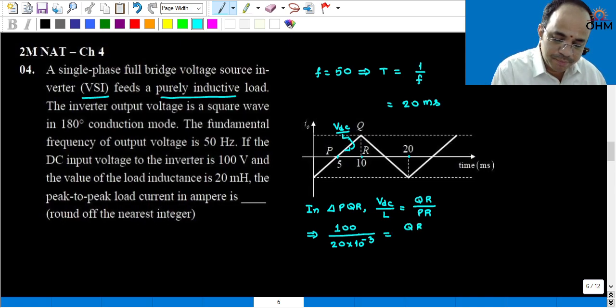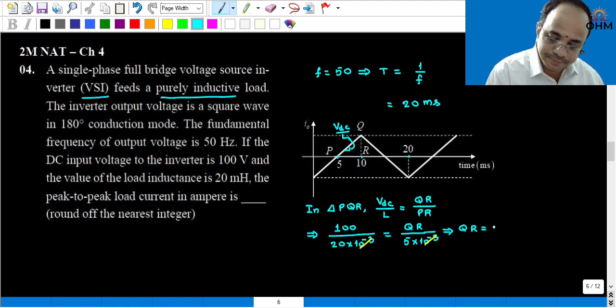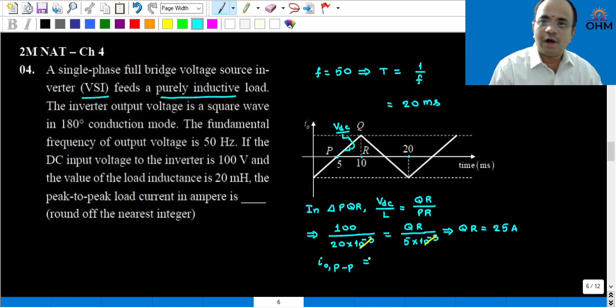This is a peak current of the output divided by PR. This is a 5 millisecond. This is a 5 millisecond. Therefore, I can cancel this 10 power minus 3 on both sides. Therefore, QR will be 25 ampere. Now, we need peak to peak value of output current.